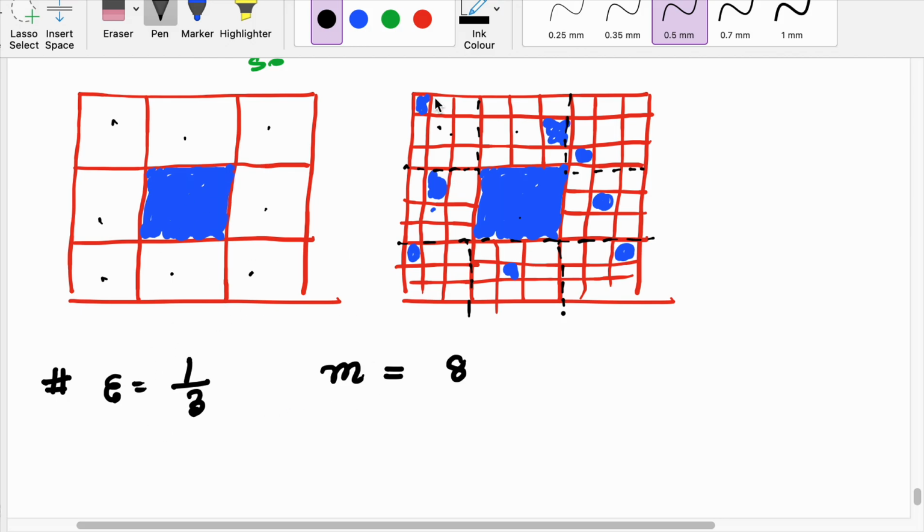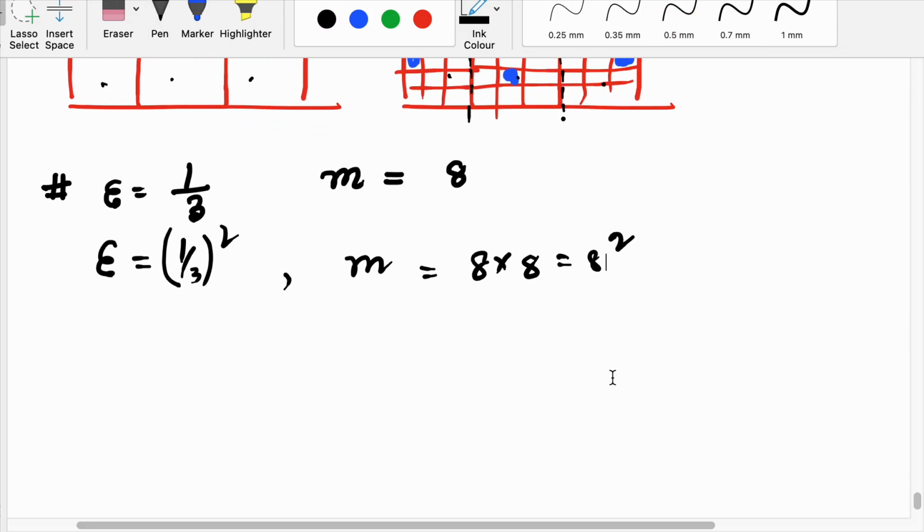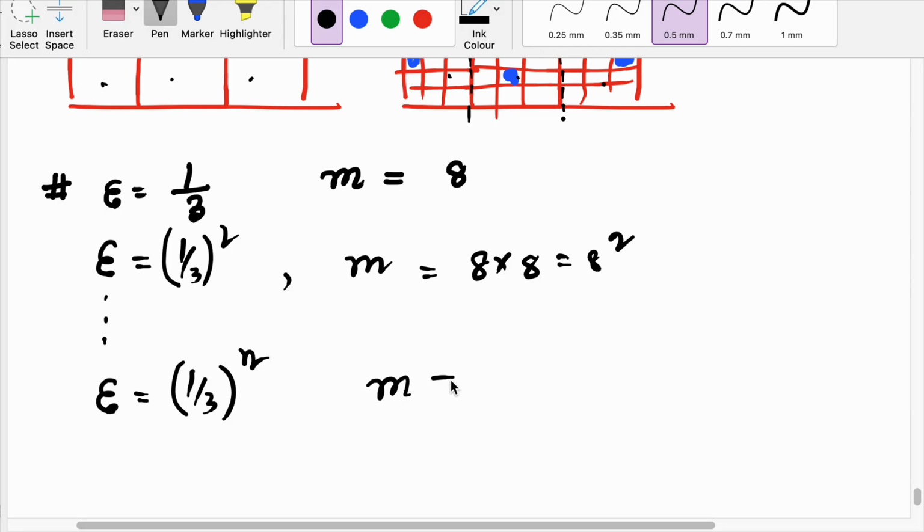Now if I reduce it by 1 by 3 again, you will find 8 times 8 such squares, so 8 squared. So if you find this in general, at Sn epsilon is one third to the power n, and N is 8 to the power n.